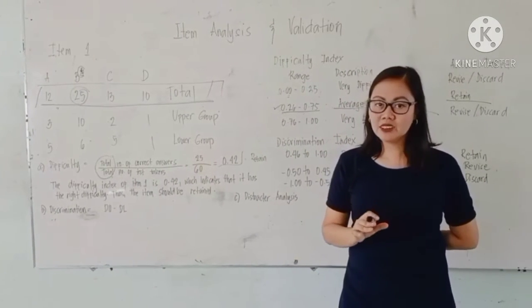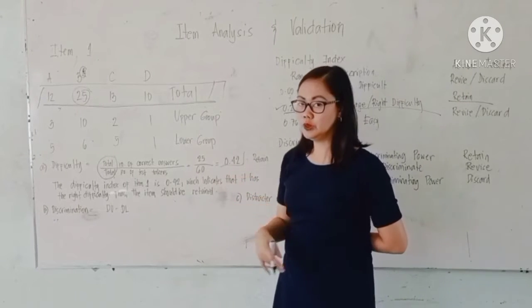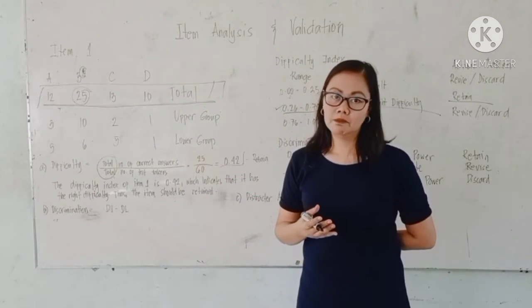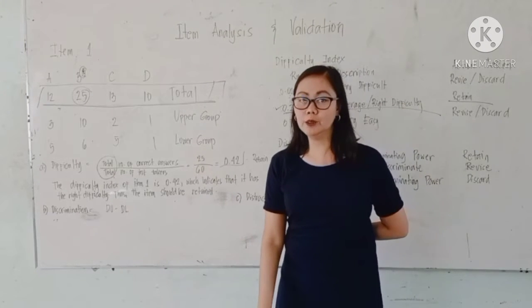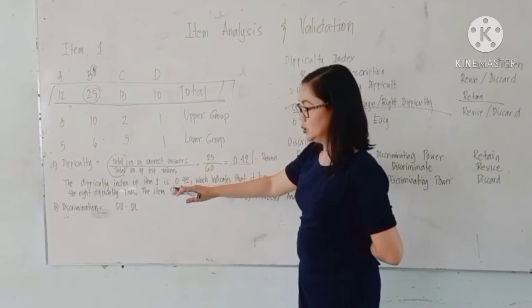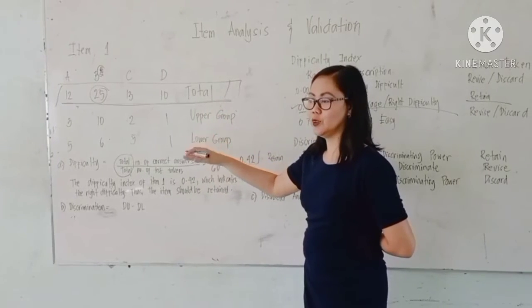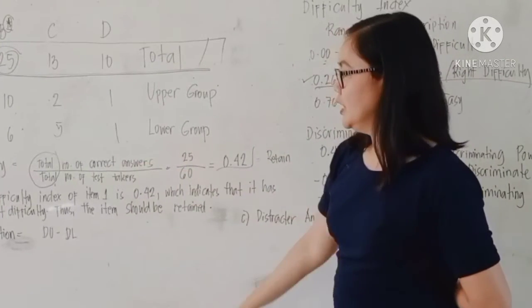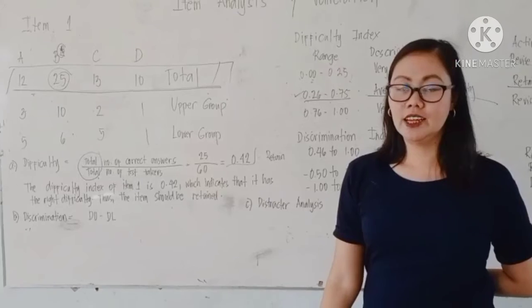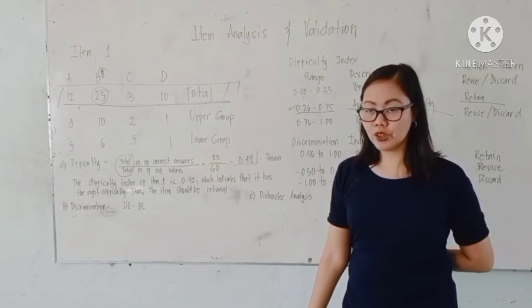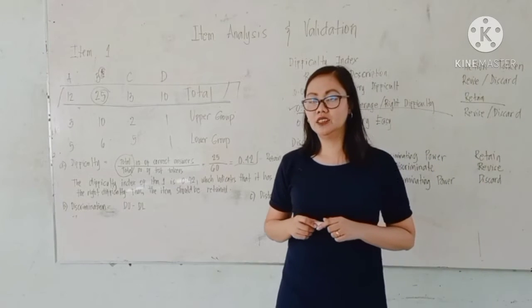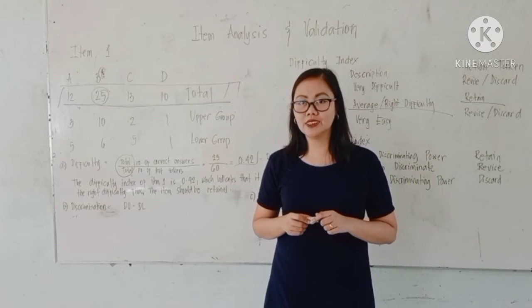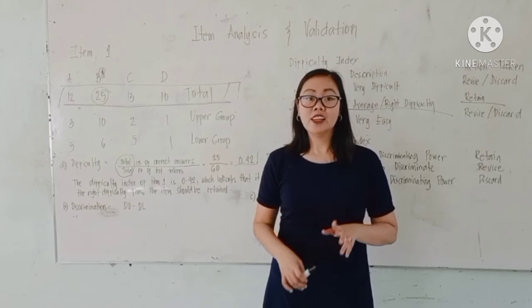So, dapat, hindi ka lang nag-stop sa operation. You interpret the difficulty index. What does the difficulty index tell? Okay? So, that's letter A. Imagine na nasa item 1 pa lang tayo at nasa letter A pa lang tayo. Letter B is the discrimination power. Why do we have to determine whether the item has the right discriminating power or not?